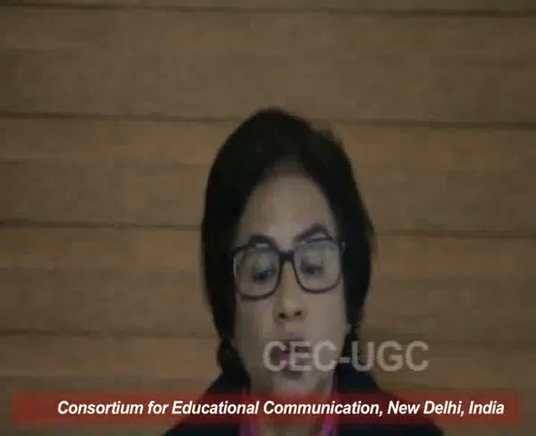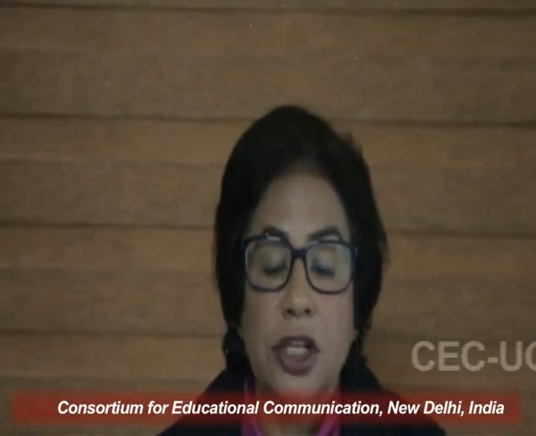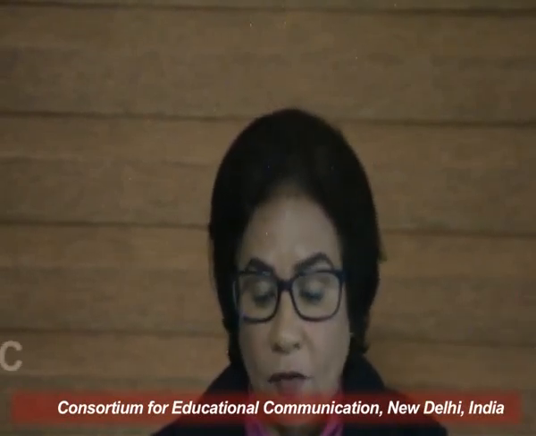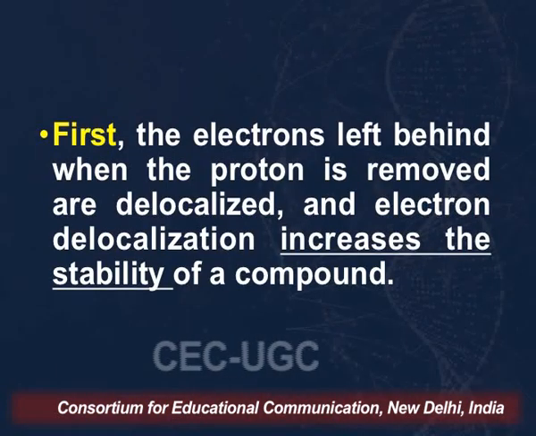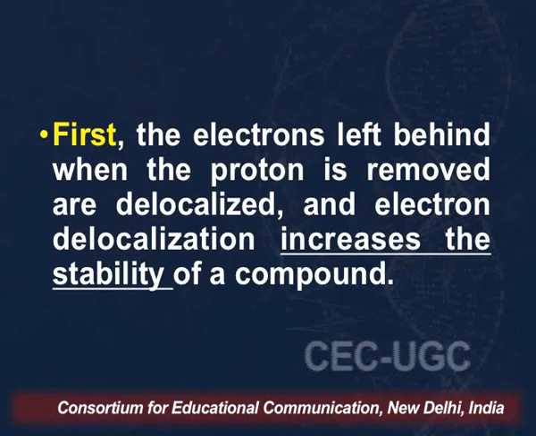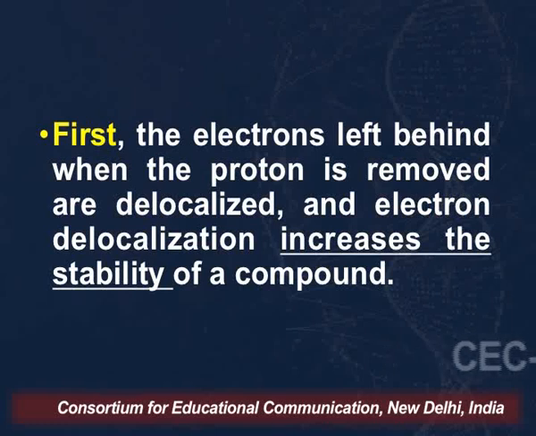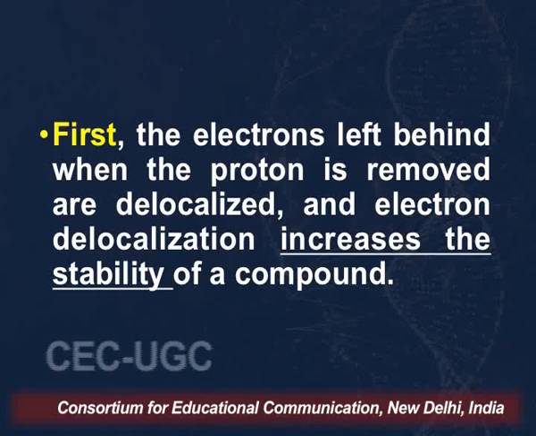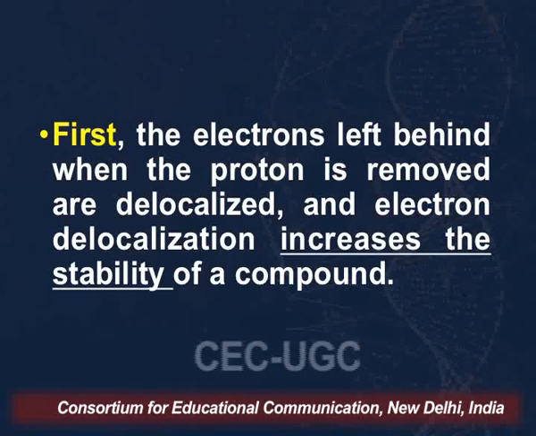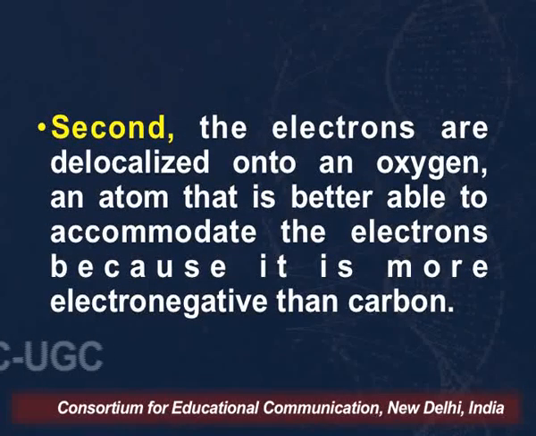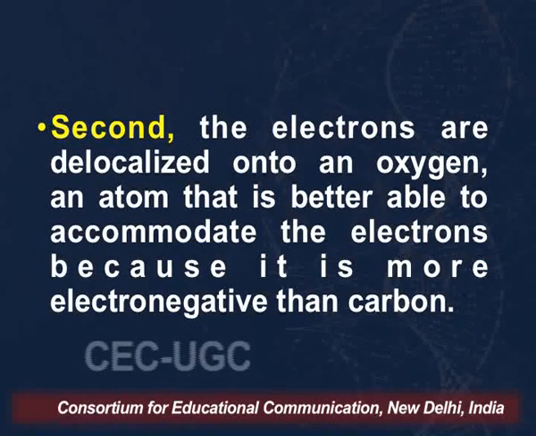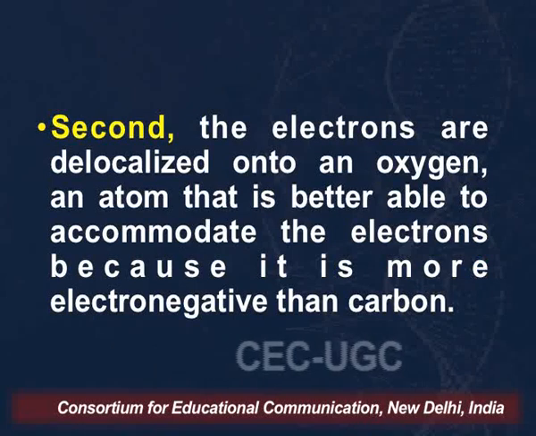This is due to two factors which affect the stability of the base formed. First, the electrons left behind when the proton is removed are delocalized. And electron delocalization increases the stability of the molecule. You already know this. The second point, the electrons are also delocalized on the oxygen.